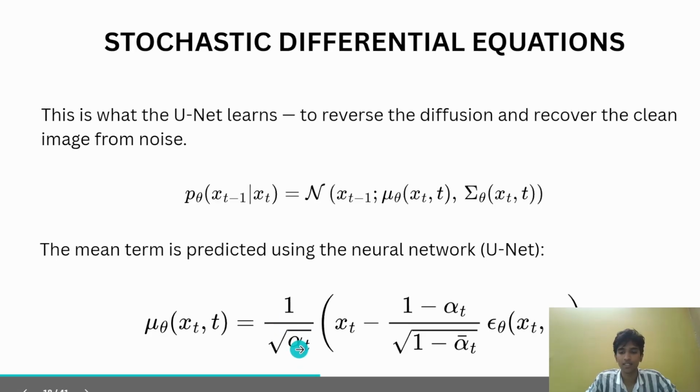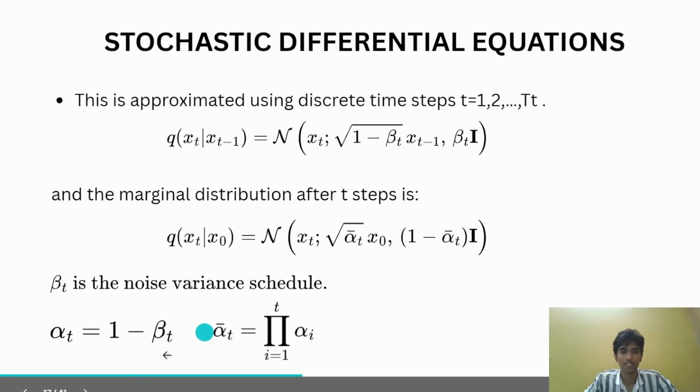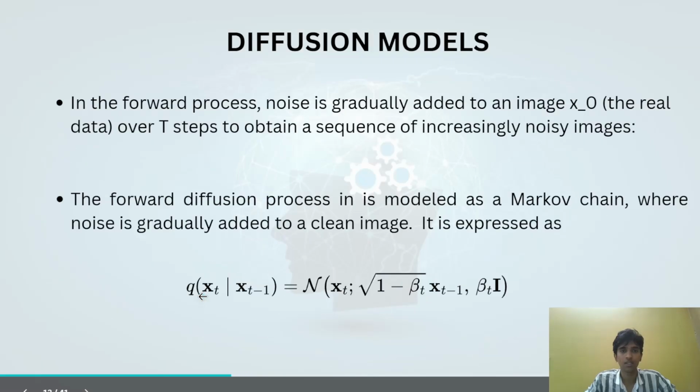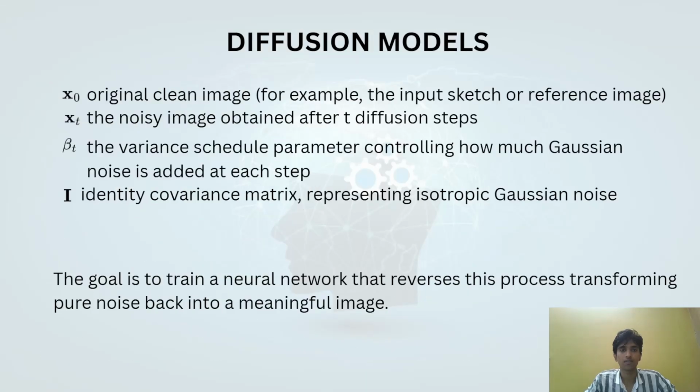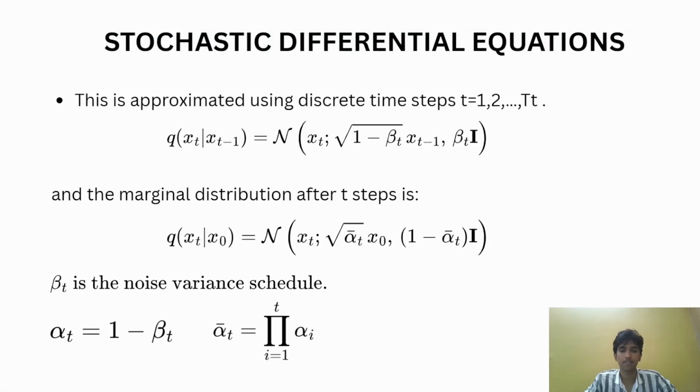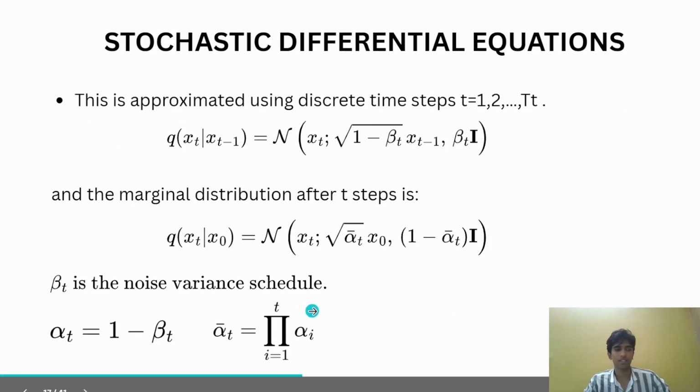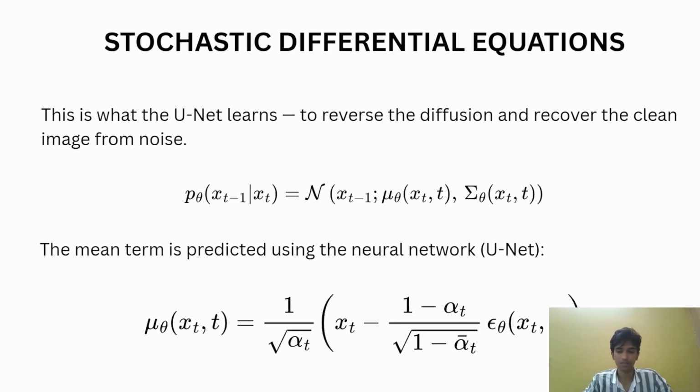As I explained, alpha t is nothing but 1 minus beta t, where beta t is our variance schedule parameter controlling how much Gaussian noise is added at each step, and alpha bar t is just the cumulative product. Why we use the cumulative product, we'll look into that later.